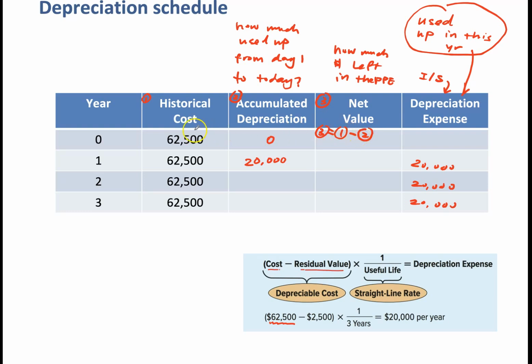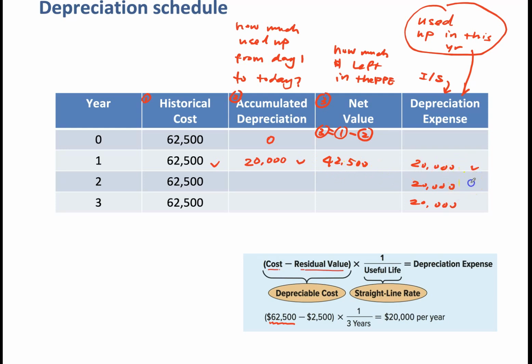So it's the original cost subtracting how much has been used up from day 1 to today. So in year 1, net value would be $42,500. It is the original value subtracting how much has been used up. That's 42,500.